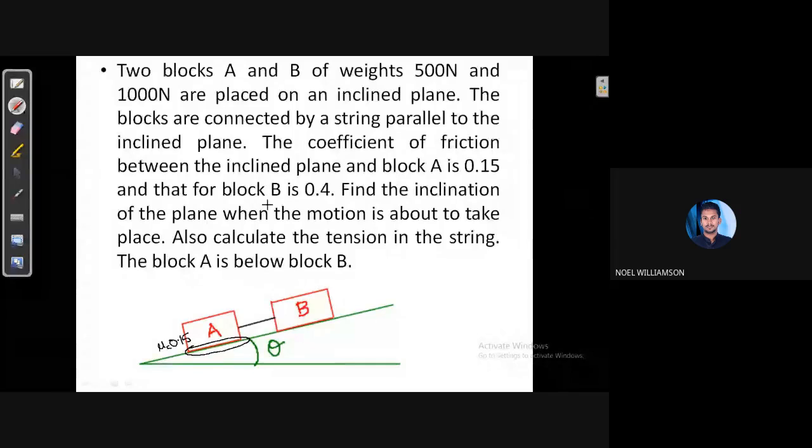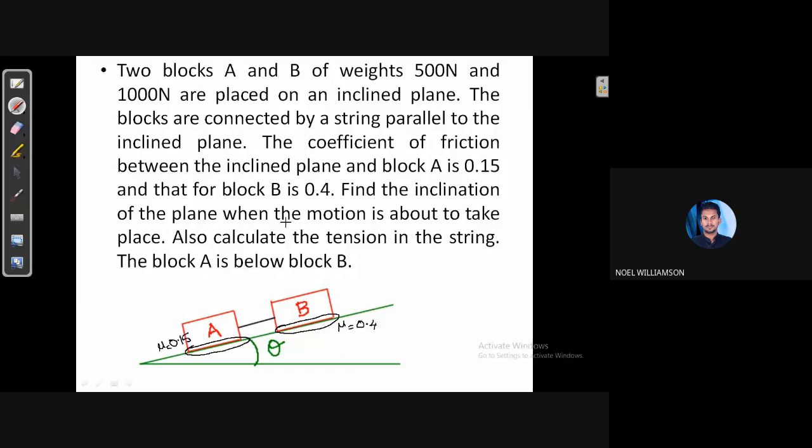And that for block B, that means the coefficient of friction between the inclined plane and block B, at this surface, the value for mu is 0.4. So you have coefficient of friction mu different for different surfaces. Okay.